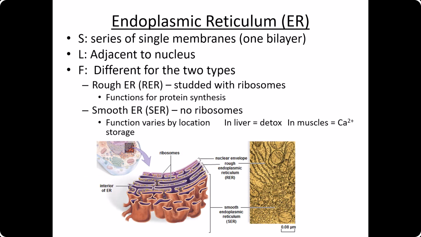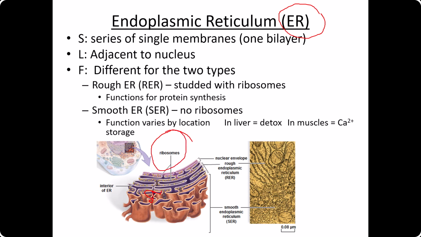The endoplasmic reticulum is often abbreviated ER. It's just a nice little shorter name than endoplasmic reticulum. The endoplasmic reticulum is a series of single membranes, so still one bilayer of phospholipids, but several membranes stacked up to each other. It's adjacent to the nucleus, so the nucleus would be right there.